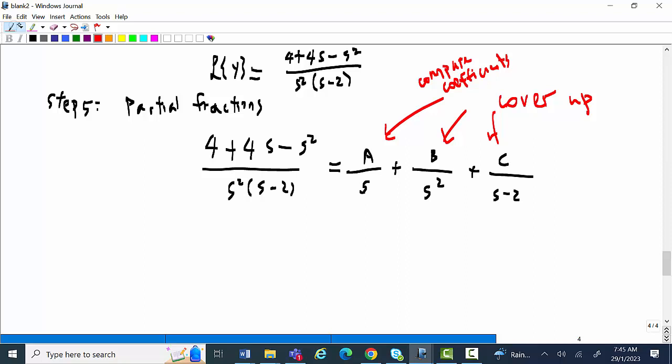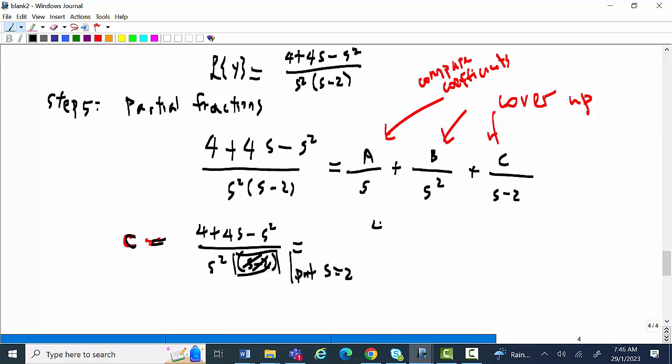To find C, C is equal to cover up 4 plus 4s minus s square, where you cover up s minus 2, and then put s equal to 2.